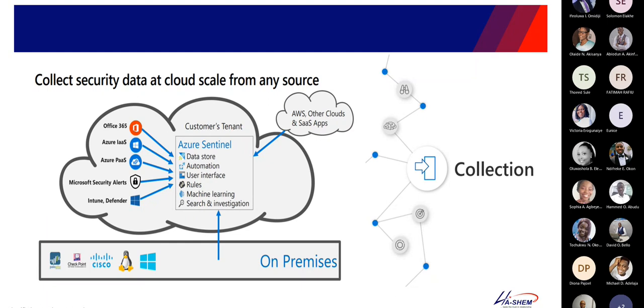You can collect data from your on-premises. You can also collect data from other cloud services, third-party cloud services like Amazon AWS, other cloud and SaaS applications. And it can collect data within Microsoft services like Office 365, Azure Infrastructure as a Service, Azure Platform as a Service, Microsoft Security Alert, Intune, and Microsoft Defender.